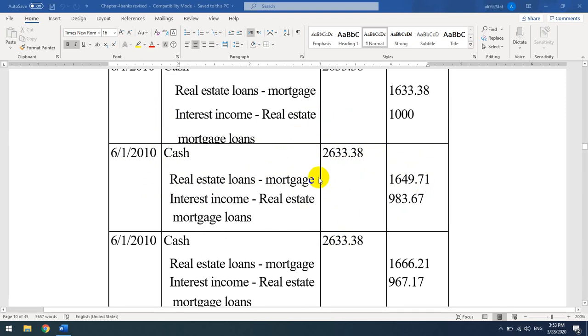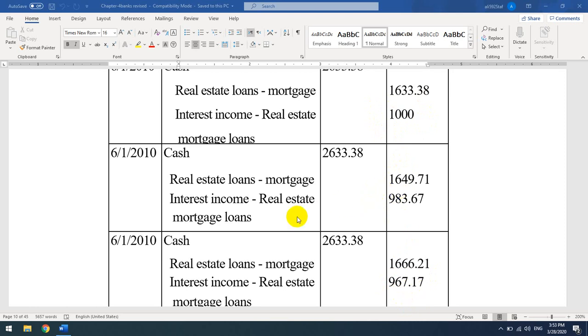Second month, the paid amount is the same, but the interest income is different from the first month. Why? Because the balance of the real estate loan becomes less, so the interest on the mortgage loan is going to be less in the second month and will be lesser in the third month, and so on.